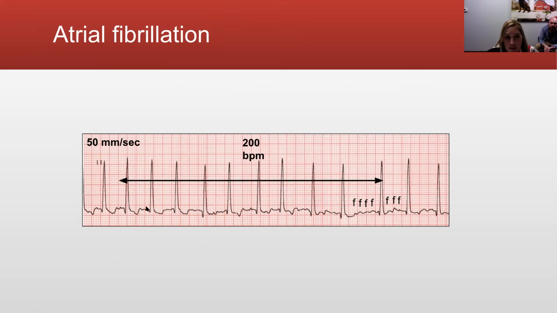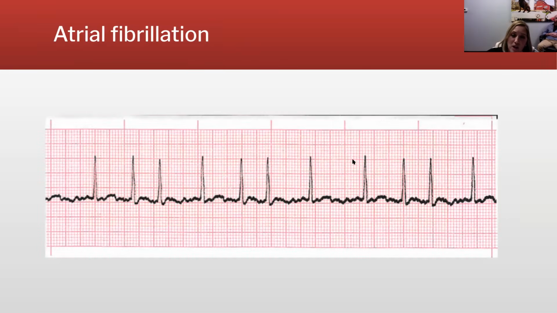The QRS complexes themselves look pretty normal, upright and narrow. But if you look at the RR interval, or the distance between each QRS complex, it varies. These look kind of normal, and that was a little bit farther, and that was a lot farther, and it gets shorter again, and then farther, and then shorter, then farther, farther, farther, shorter. So there's no rhyme or reason to when the next QRS complex is going to occur.